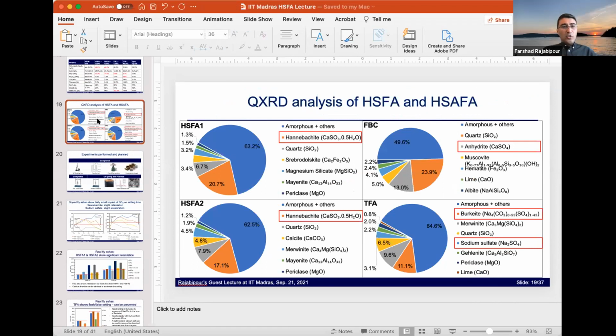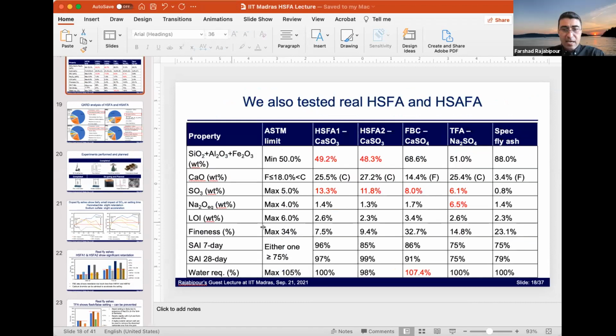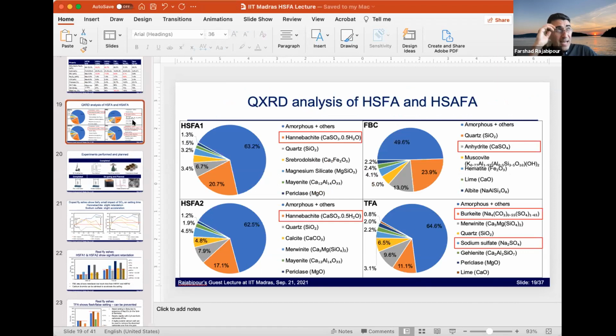That's a good question. We don't have any report on reactivity of this, except for the strength activity index, which is a highly imperfect way of measuring reactivity. There is a parallel work where we are looking at some of these pozzolans. I believe this FBC fly ash is part of it, but the others are not.